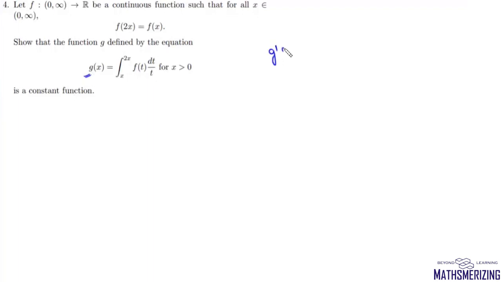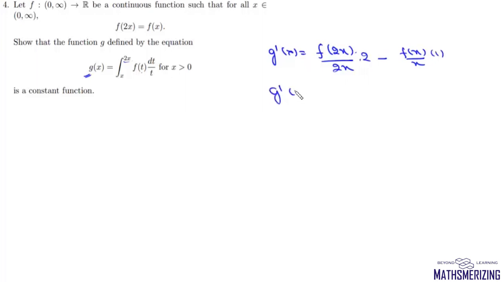So we'll write g dash x, and since it is an integral function, we'll use the Newton-Leibniz formula. So in place of t, we'll write the upper limit. So it'll be f(2x) upon 2x into the derivative of the upper limit, which is 2, minus the lower limit. So it'll be f(x) upon x and then the derivative of the lower limit.